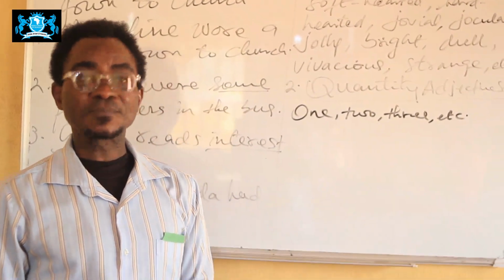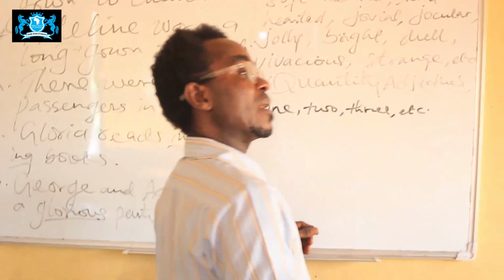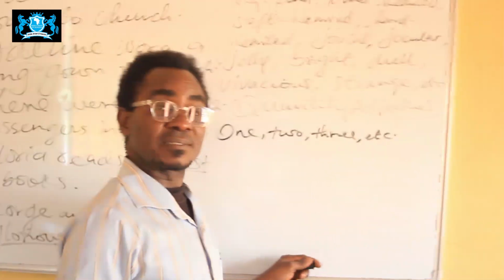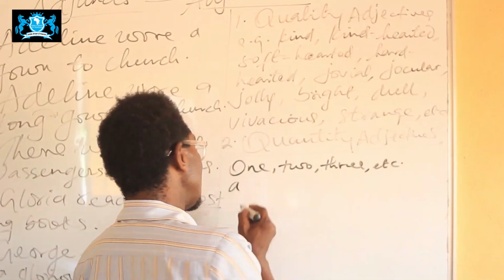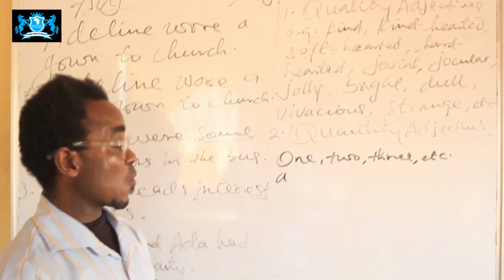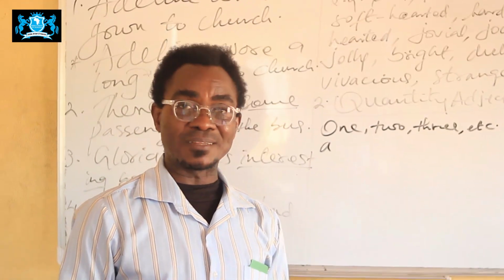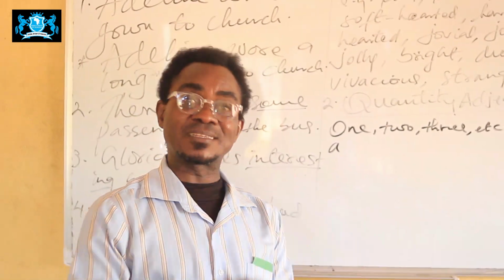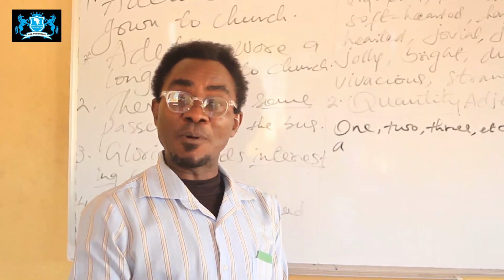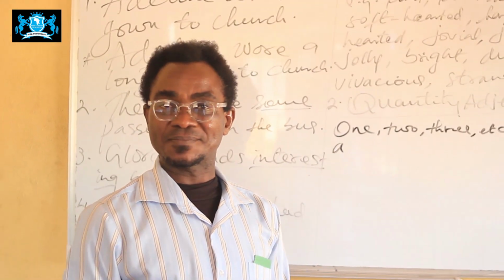Specific quantities. Good. Now, there are other quantities that are not specific. But before that, the letter A is also a quantity adjective. It means 1. So a good day means 1 good day. A boy means 1 boy.